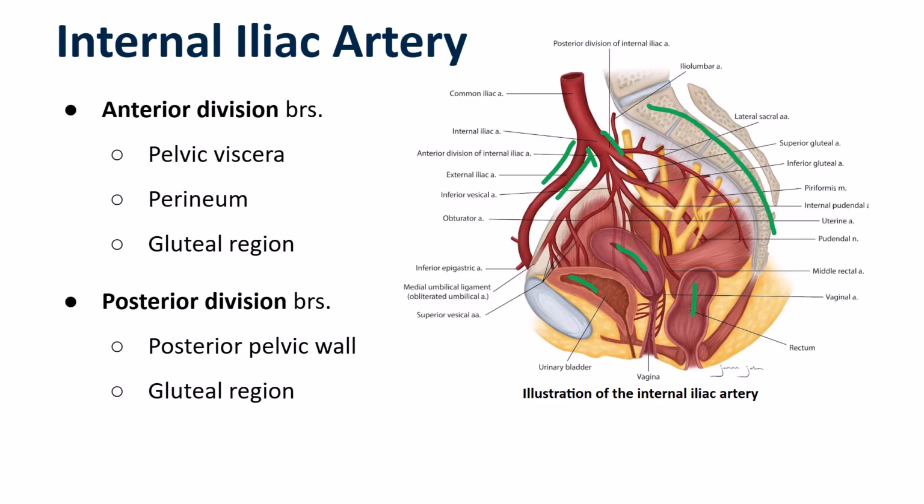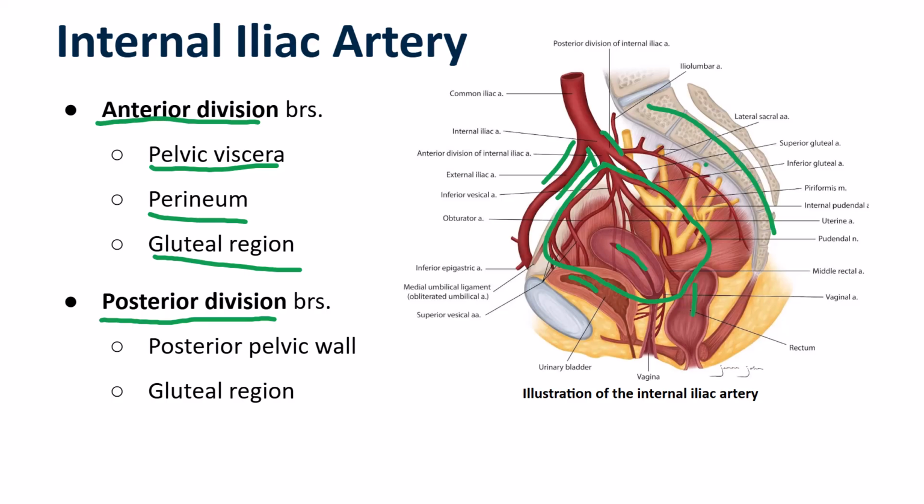Now, generally, the internal iliac artery may be divided into an anterior division and a posterior division. That anterior division, which I'll circle here, comprises the lion's share of blood flow from the internal iliac artery, and it's going to serve the pelvic viscera, the perineum, and some of the gluteal muscles.